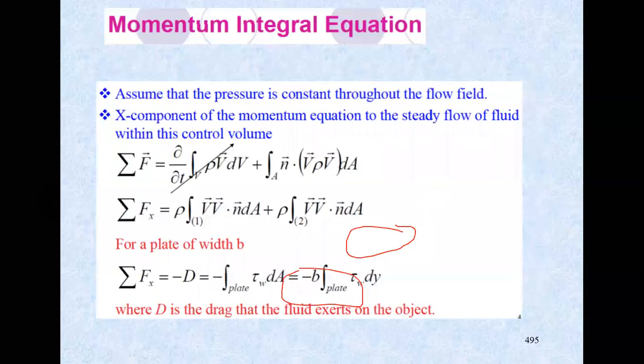So if we assume pressure is constant throughout the flow field, and apply the x component of the momentum equation within this control volume, you will have the integration of rho v dot dA times v, and if we consider the x direction only, you have this.